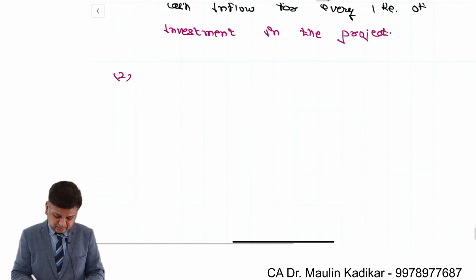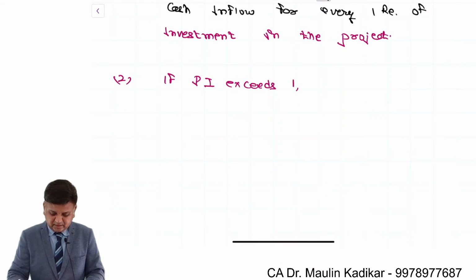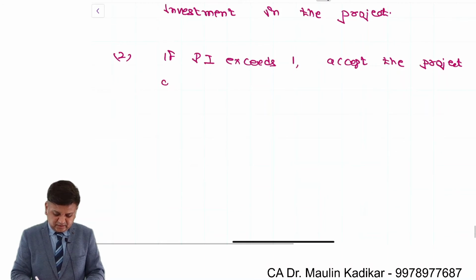Second point: if PI exceeds 1, accept the project, and vice versa.